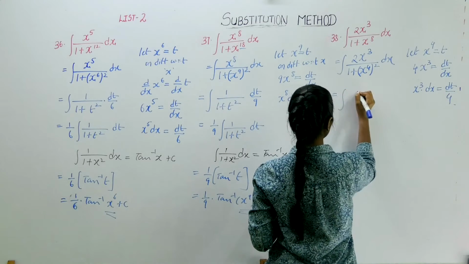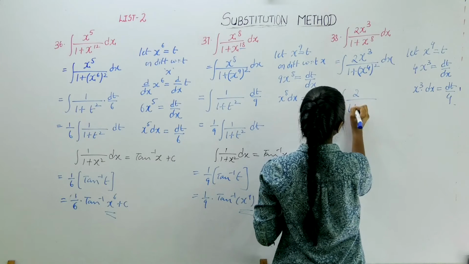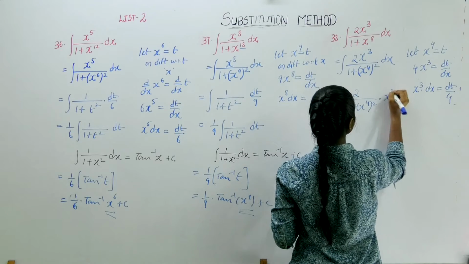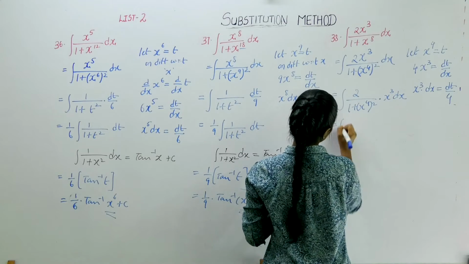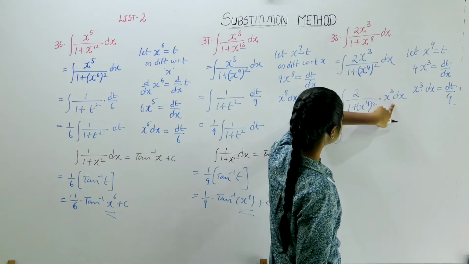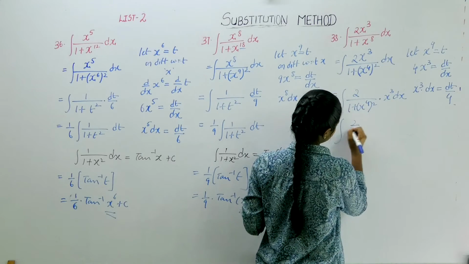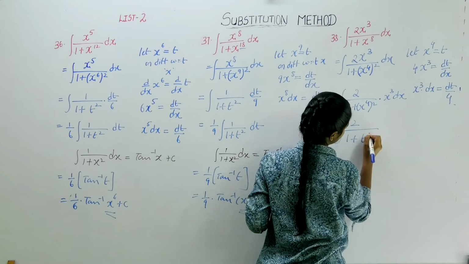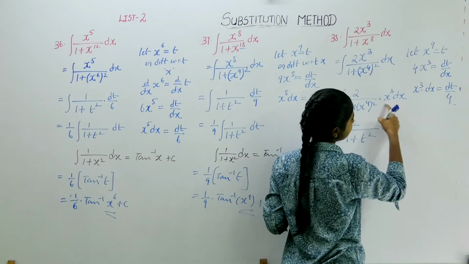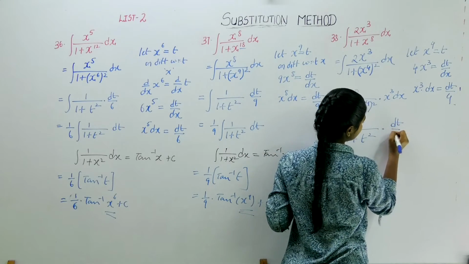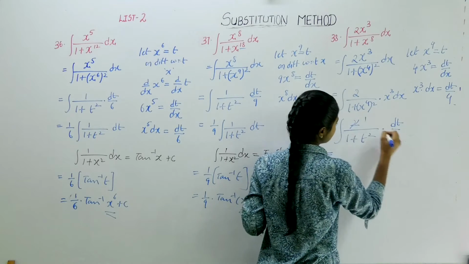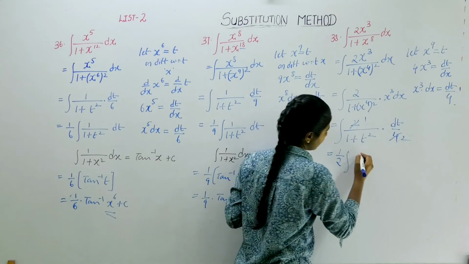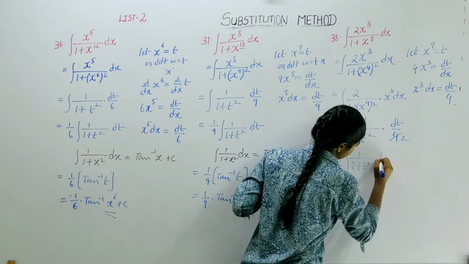Now, integral 2 by 1 plus x power 4 whole square and x cube dx. I have written this x cube with dx and 2 here, and we are left with 2 by, in the place of x power 4 I substitute t, it becomes 1 plus t square, and in the place of x cube dx we substitute dt by 4. 2 ones are 2, 2 twos are 1 by 2, a constant, take it out of the integration, 1 by 1 plus t square dt.